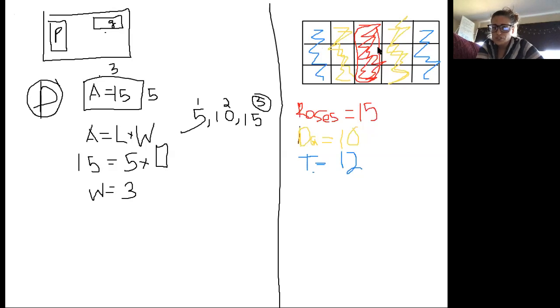Okay, so if roses are $15, the way I have this designed is I have $15 times 3 of the squares. Okay, 1, 2, 3. And they each cost $15. 5 times 3 is 15. 3 times 1 is 3, plus 1 is 4. So the roses right now are costing me $45.